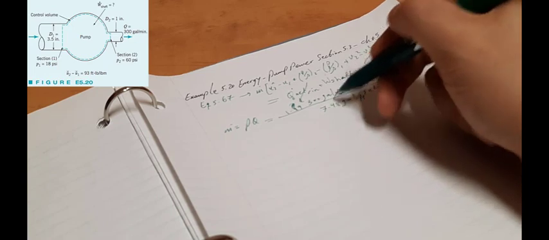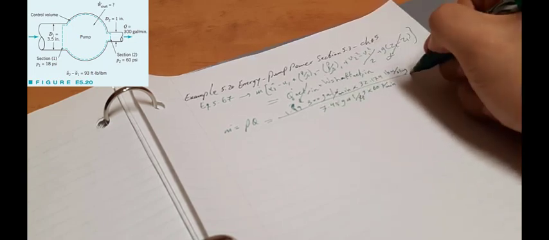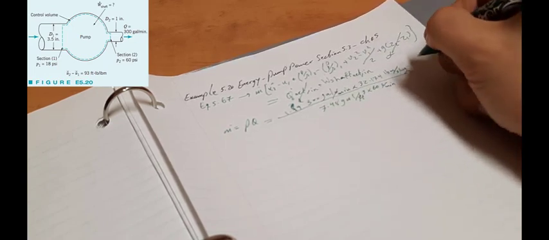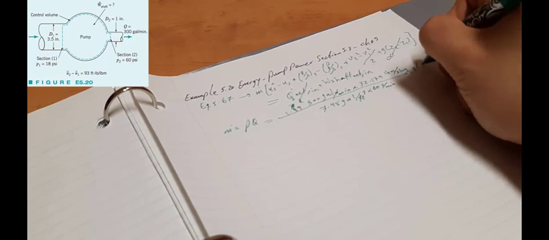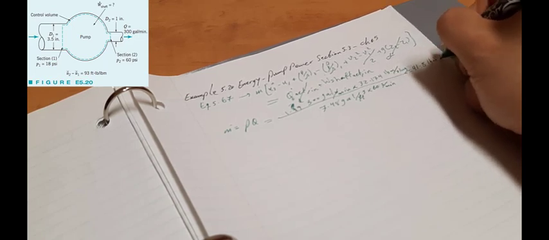It's conversion. So the mass flow rate is going to be 41.8 lbm per second.